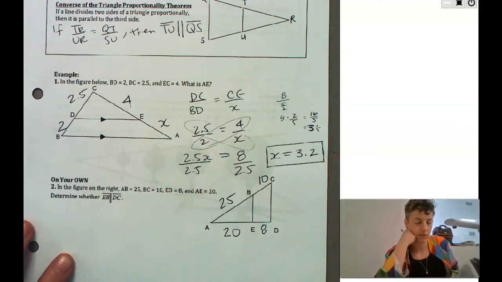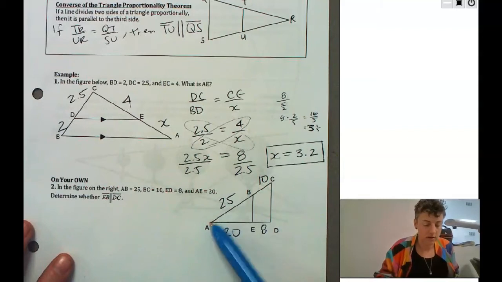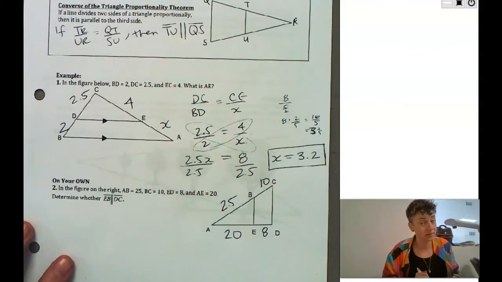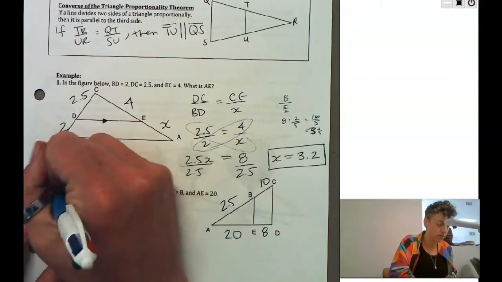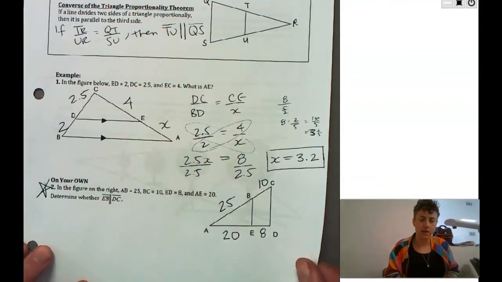If we have a true proportionality, find out if the ratios of these sides are equal to each other. If they are, they're parallel. If they're not, then they're not. I'm going to leave that for you to do on your own, and we're going to keep cruising on together.